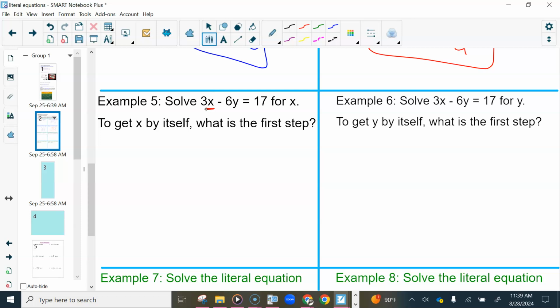Plus 6y. Yeah, we're going to get rid of that whole term. So we don't want to separate it because that wouldn't really help us do anything. But this entire term has nothing to do with x, so we can get rid of the whole thing by moving it over. I'm going to rewrite it first, and then I'm going to take this whole term and just add it to the other side.